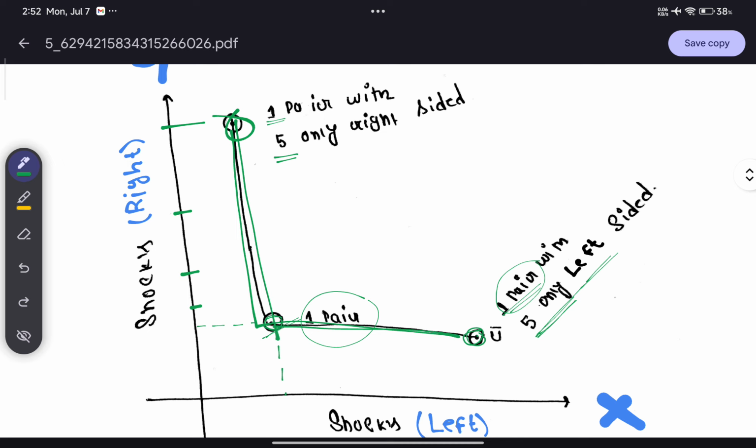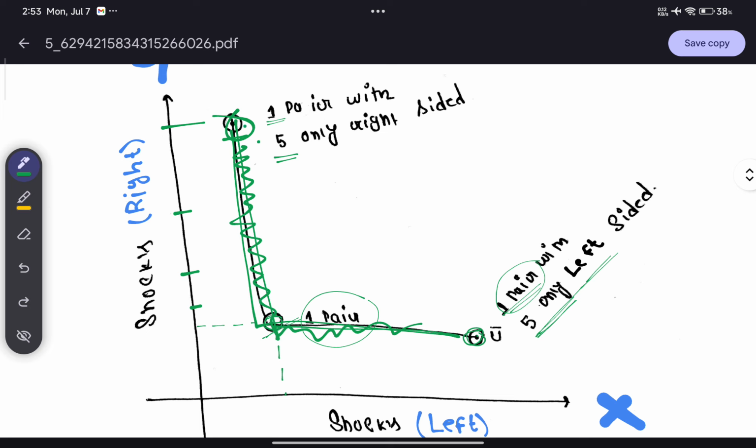That is the reason why it is L shaped, because at every point of this curve the utility remains the same. The reason is, if we have only one pair of socks and multiple left or right-sided socks, they are of no use unless we have a different pair of socks.